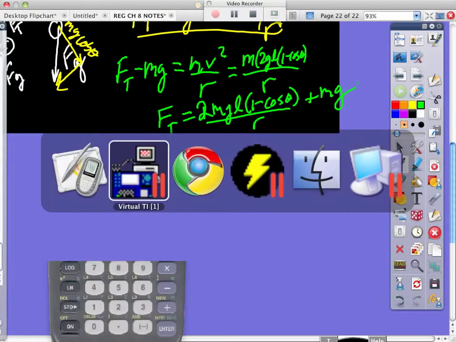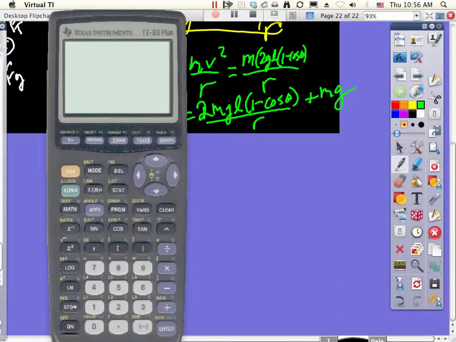So then once again, we can call upon our calculator. And we say 2 times 9.8. Oh, just kidding. What was the mass of this kid? 20. Good.